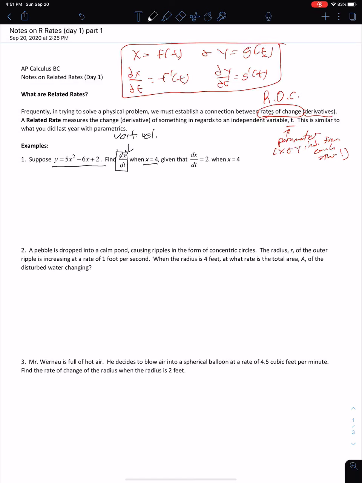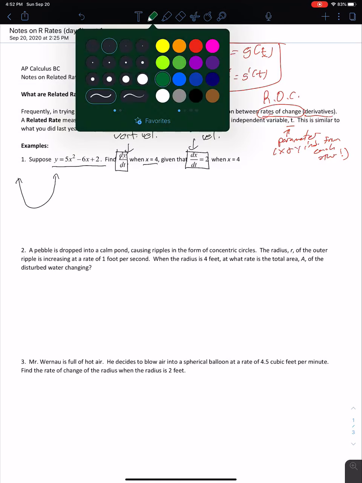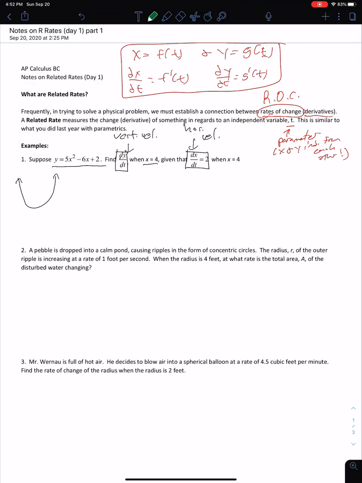Given x equals 4 and that dx/dt is 2. Again, this dx/dt is my change in x over the change in, let's say, time. So this would be our horizontal velocity. In other words, if we take a look at our parabola, we are trying to find, at x equals 4, the change in y.